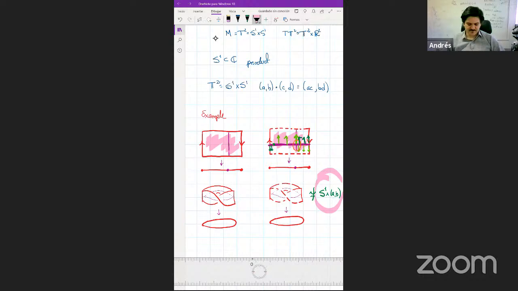So they cannot be the same. This is not a tangent bundle, but it is an example of a bundle, a vector bundle, that is non-trivial.